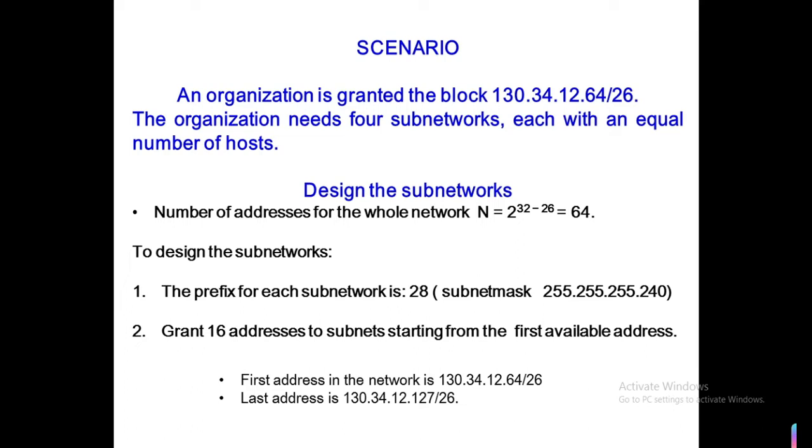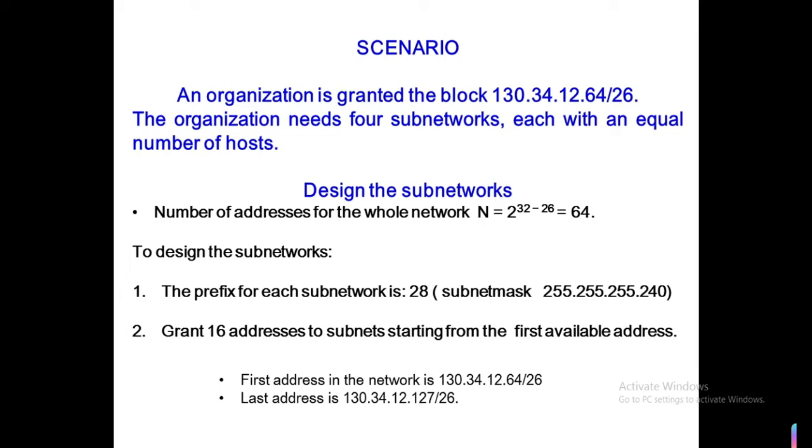There is a block that is granted some set of IPs, and let's say the IP is in the series of 130.34.12.64/26, and the organization is interested in dividing this range of IPs into 4 subnetworks of equal size.